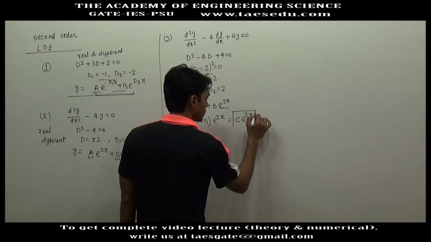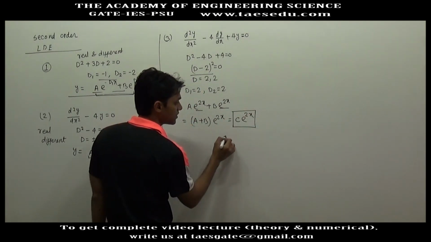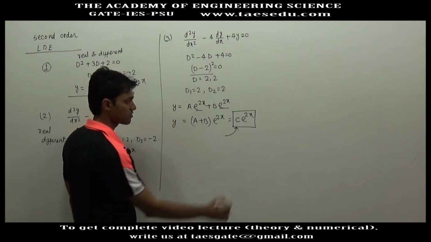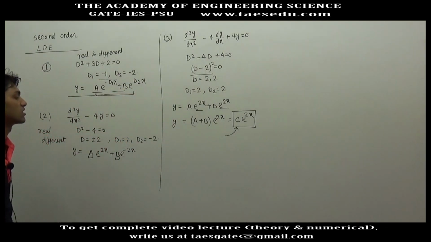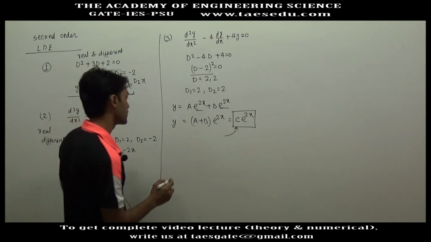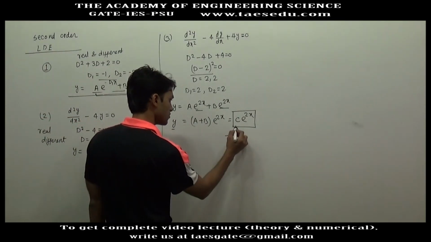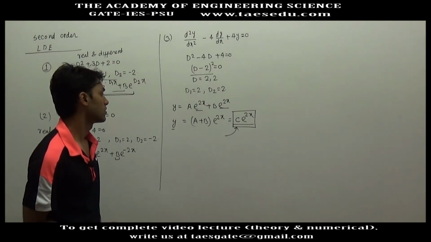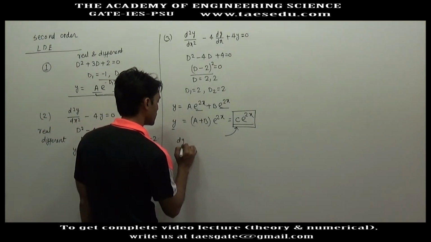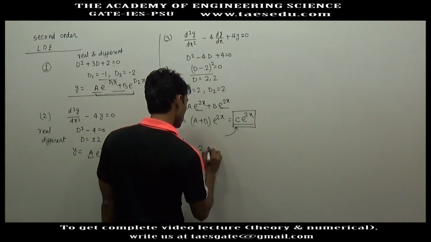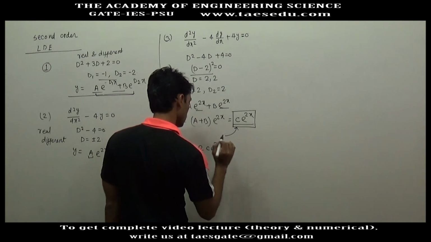In which type of differential equation do we get this type of general solution? This is a general solution of a first order differential equation. This is not a general solution of a second order differential equation. Since y equal to c into e to power 2x, if we differentiate it, dy by dx will be 2c e to power 2x.